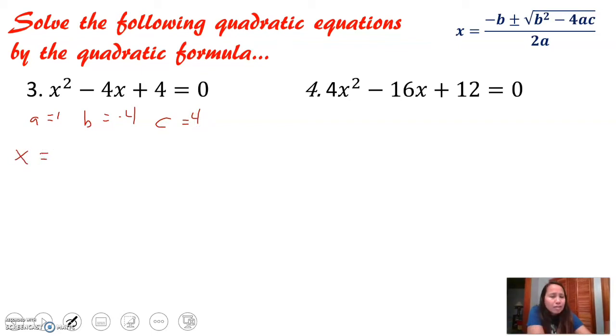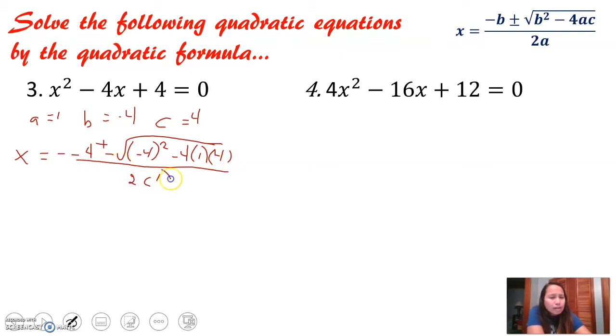It says negative of -4. We'll talk about that really quick later. So -4, since this is negative, I would enclose it with parentheses. 4 times A, which is 1 times 4. All right.